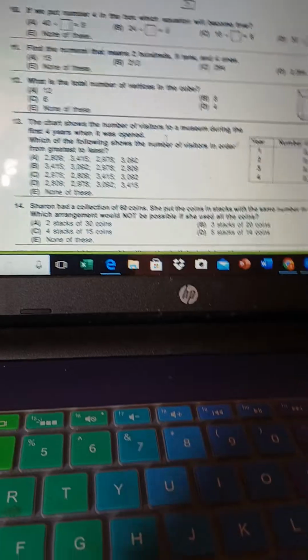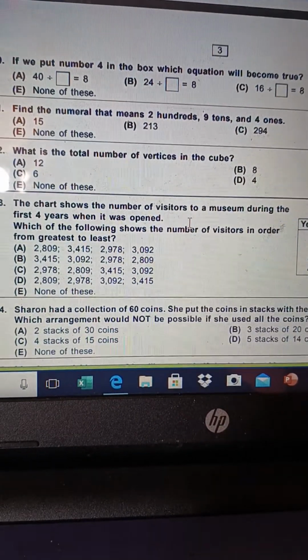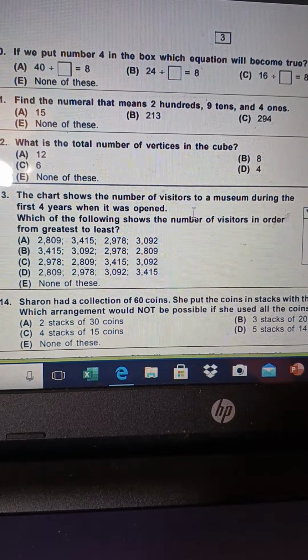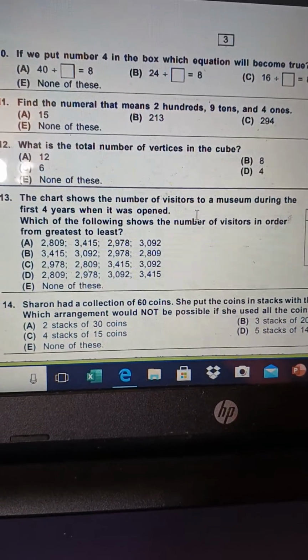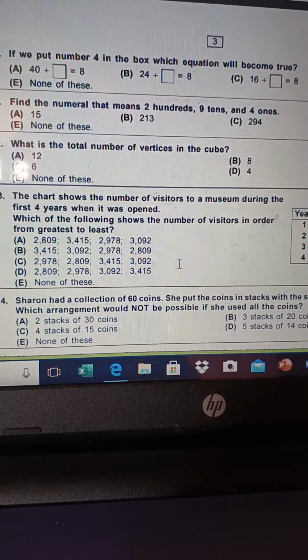Okay. Number 13. The chart shows the number of visitors to a museum during the first 4 years when it was opened. Which of the following shows the number of visitors in order from greatest to least?